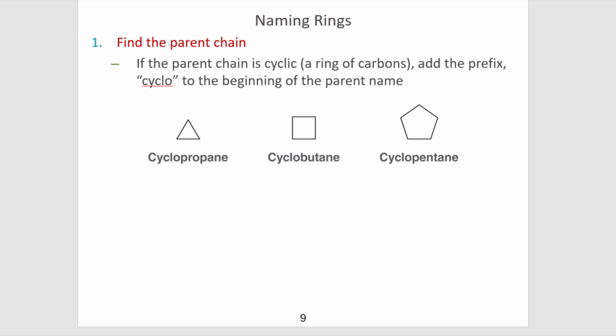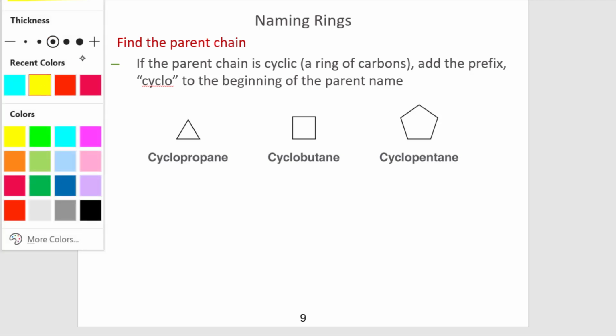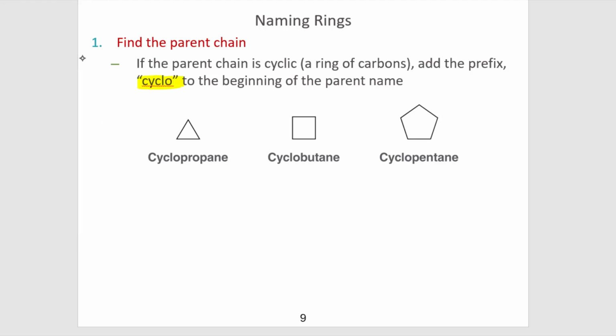What about rings? So we've talked about chains, and now we want to look at some ring systems. What we do here is we add the prefix cyclo. So if your longest chain actually has a ring, then you're going to use the cyclo prefix. So in this case, we have cyclopropane, 1, 2, 3 carbons.